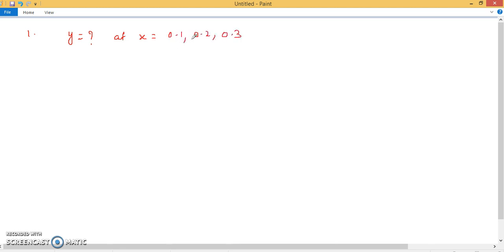At x is equal to 0.1, 0.2, 0.3, you have to find the value of y, and it is given dy by dx is equal to x square plus y square, and the initial value condition is y of 0 is equal to 1. Means y naught is equal to 1 at x naught is equal to 0. So this is your question.